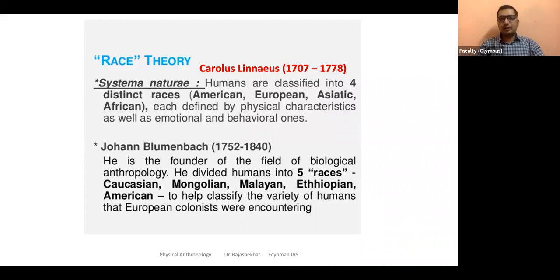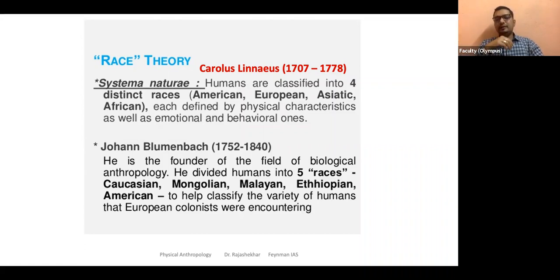In his book Systema Naturae, when he classified living things, he classified humans into 4 races: Americans, Europeans, Asians, Africans. So in a way connecting to their continents, based on their appearance, their physical characteristics.